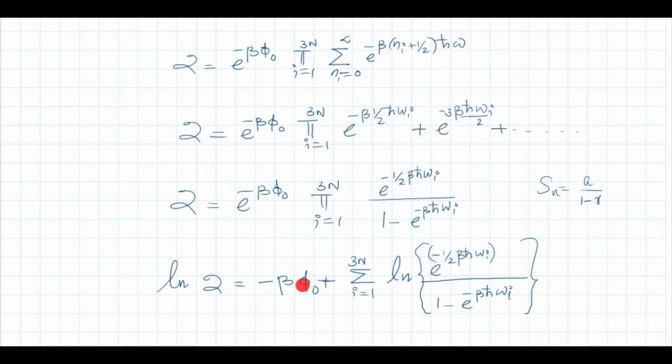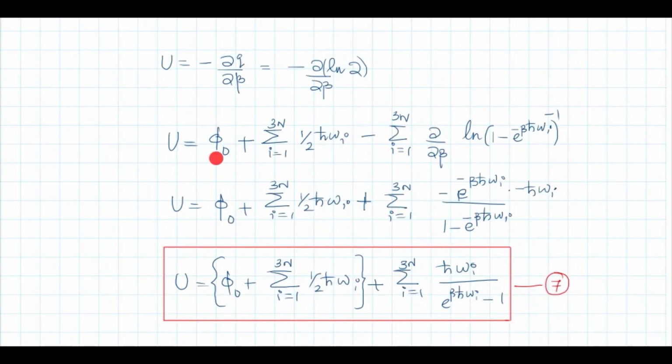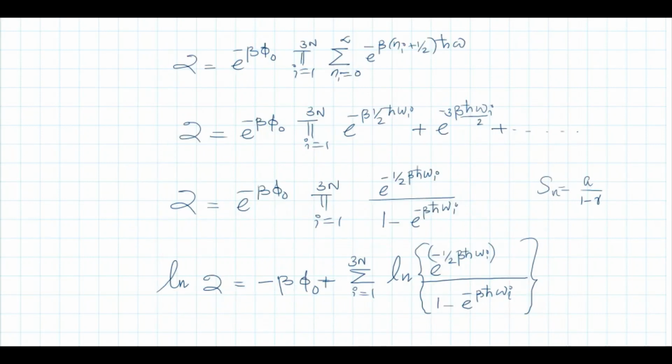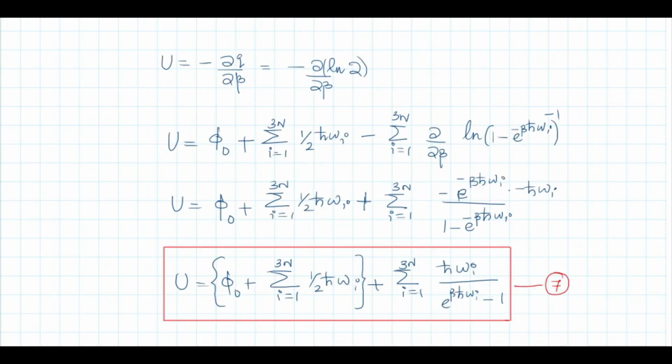Then the first term will give you phi naught, plus this term: log a by b is log a minus log b, and logarithm and exponential will cancel. This term will give you a minus half beta h cut omega i.